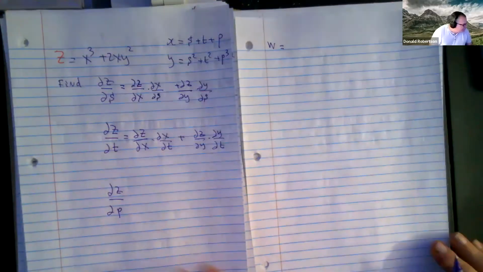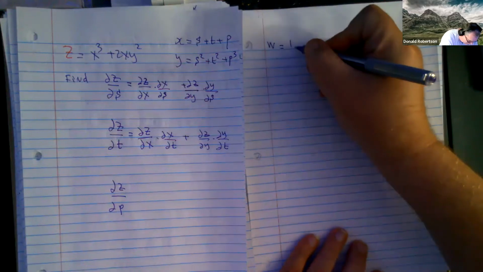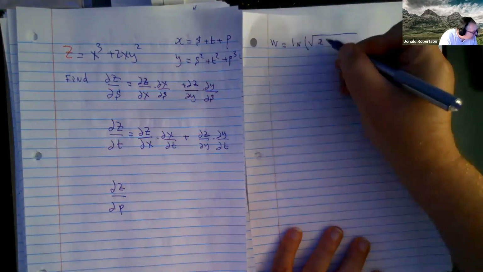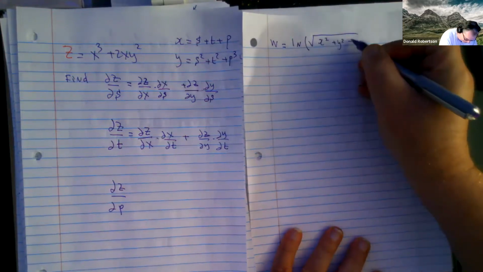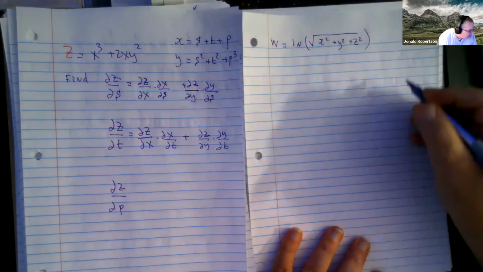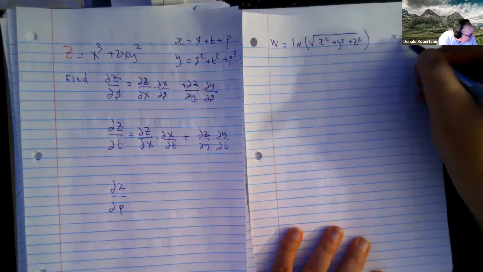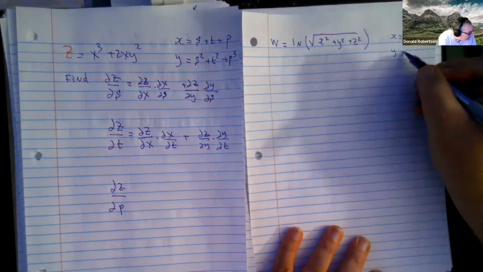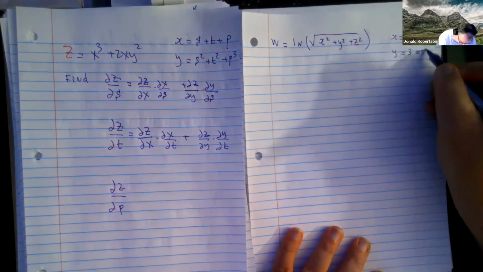Right, so the guy that we're going to return back to is this fella here. And x is going to be 5 sine t. y is 3 cosine t's.